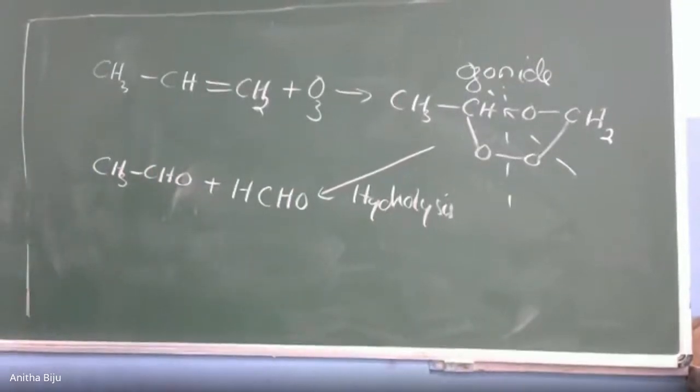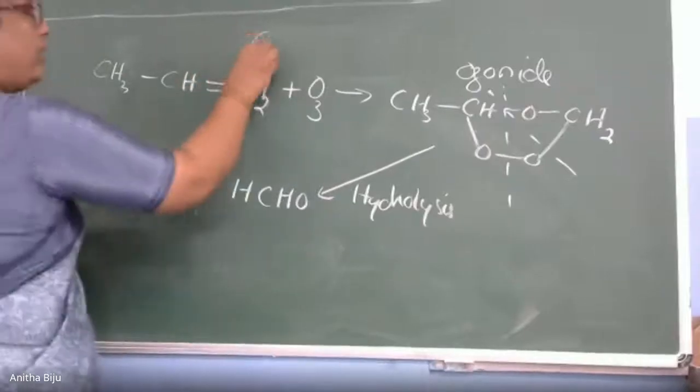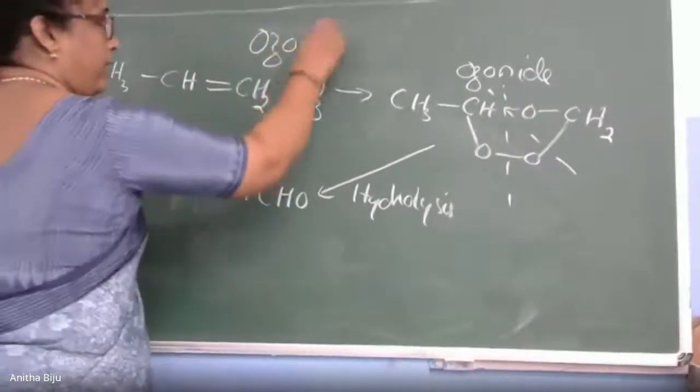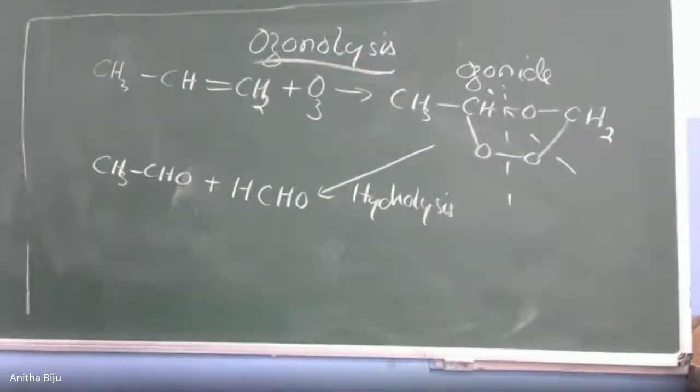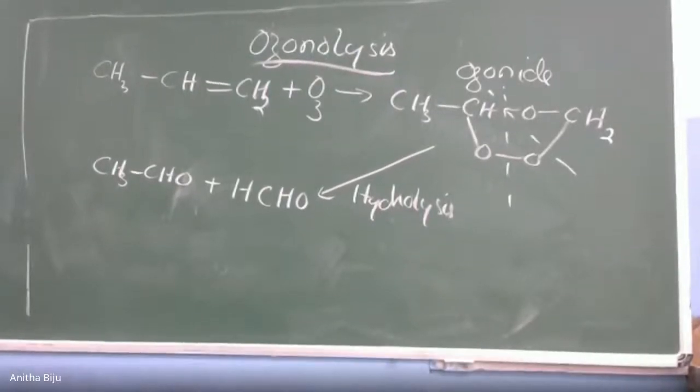And the reaction is called, anyone can say what is the name of the reaction? Ozonolysis. Very good. The reaction is ozonolysis. This is a method of preparation of aldehydes. Here we get a mixture of aldehydes. Look at the reaction.